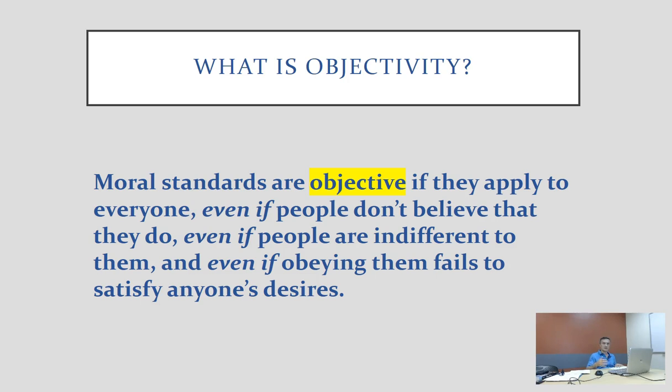Whether I am ignorant of that fact, or whether I don't believe it if you tell me that, or whether I really don't care, whether it doesn't really do anything for me, is irrelevant to the question of whether it's objectively true. So what do we do? We check the universe, we check the evidence, and then we find out that there is some state of affairs that is truth-making for that claim.